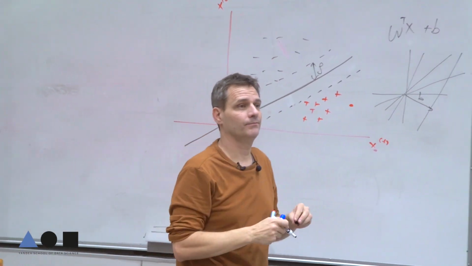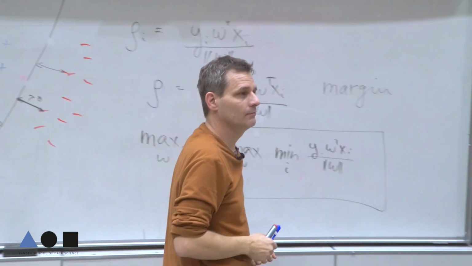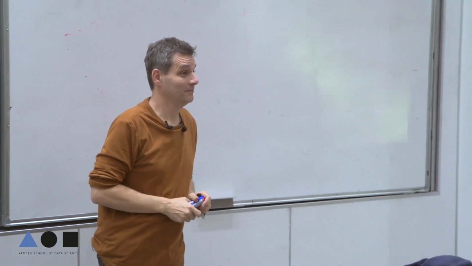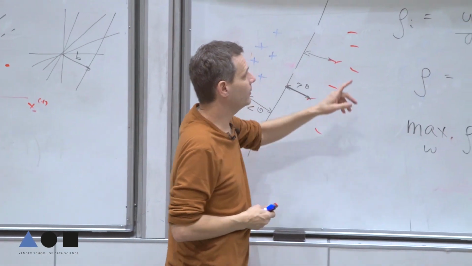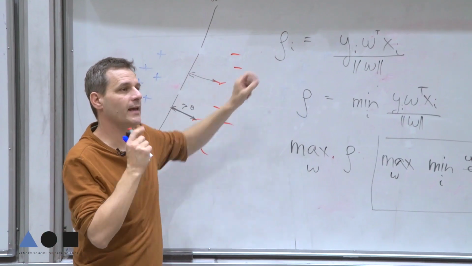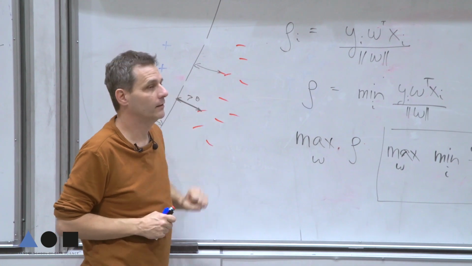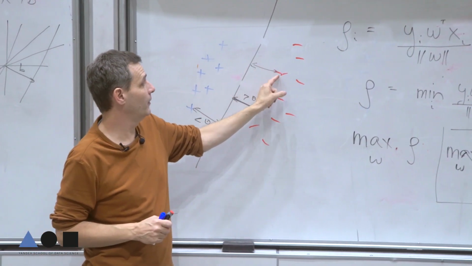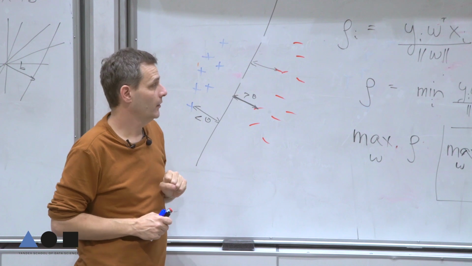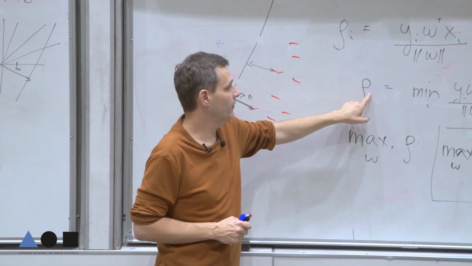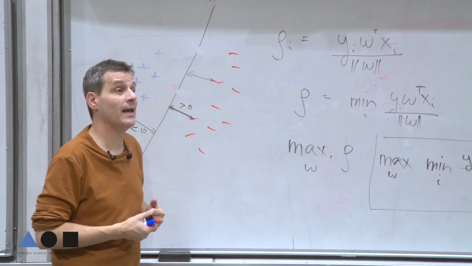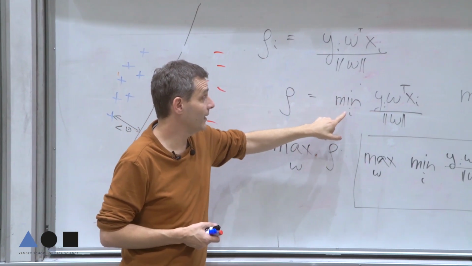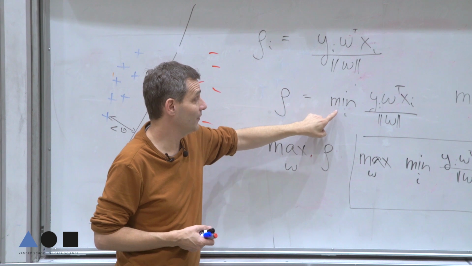Yes? I got confused with the maximize and the minimize. Yeah, that's confusing a bit. The point is that we define the margin per sample. This is rho i, and rho i is just the distance of the ith sample. And then the margin that we care about is the margin to the closest samples, the ones that are closest, right?